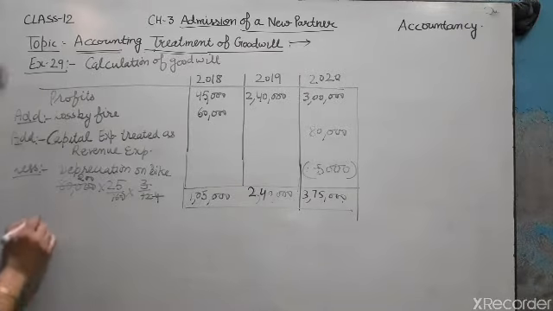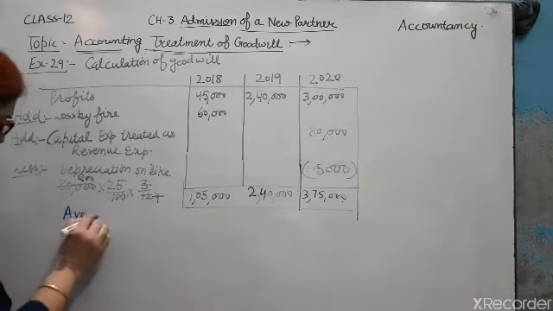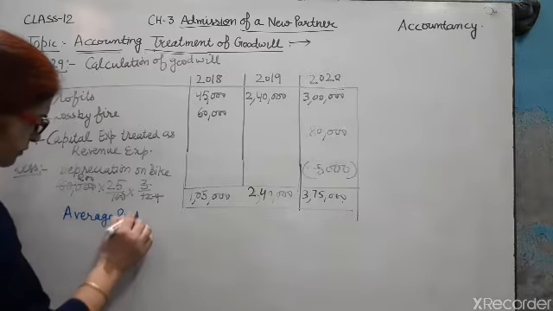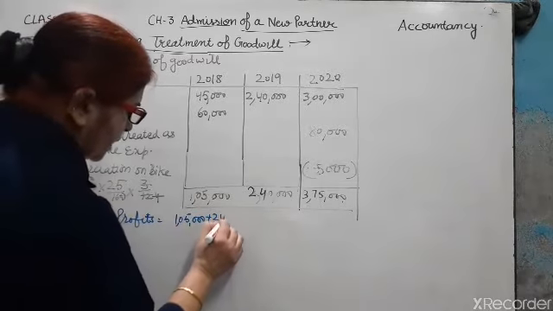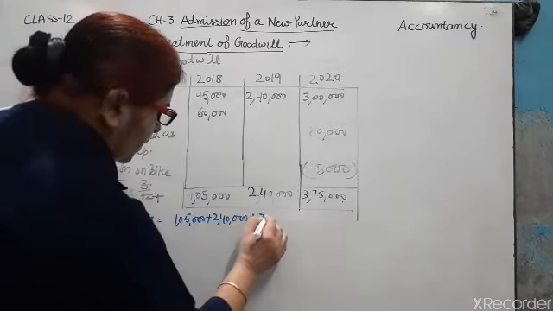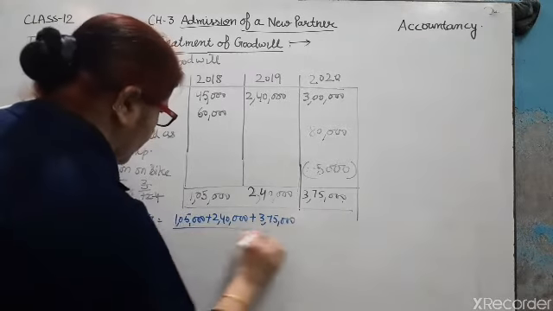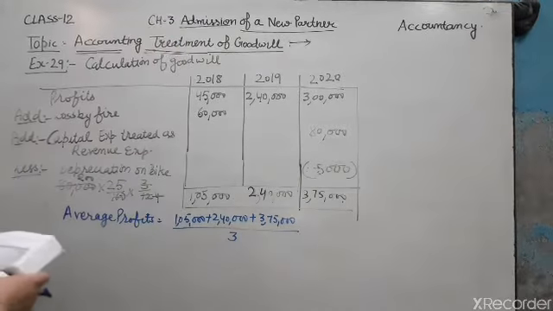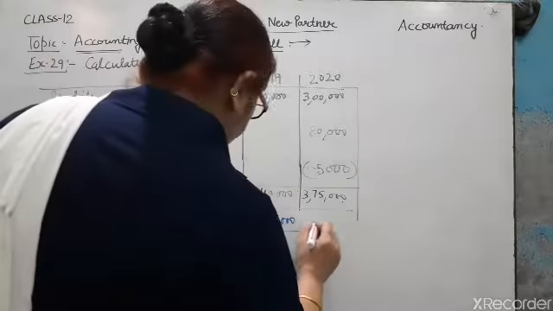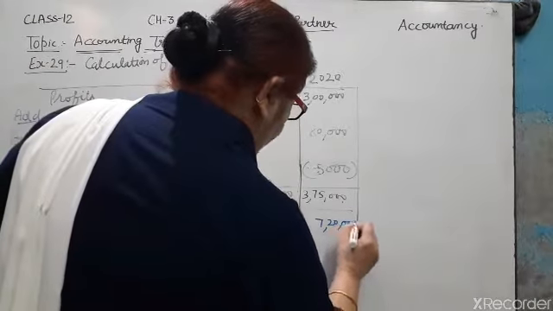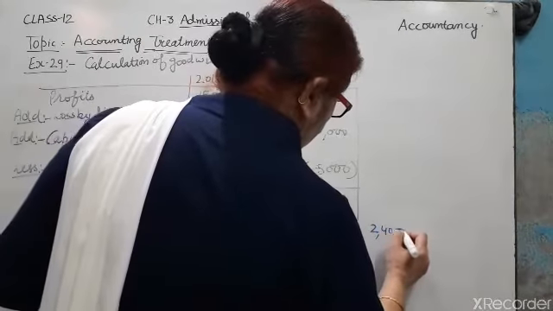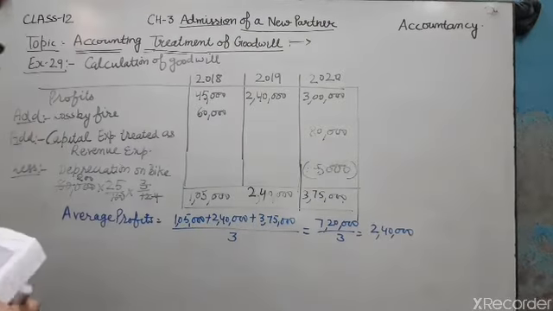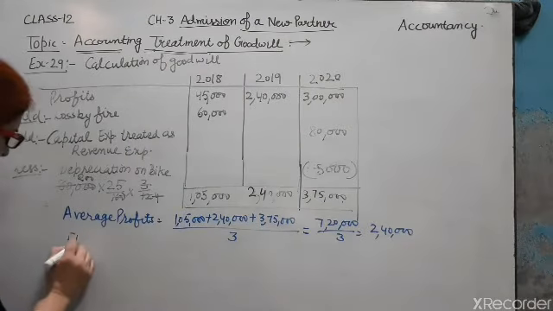Then calculate average profit, which is equal to 1,05,000 plus 2,40,000 plus 3,75,000 divided by 3. Then the total becomes 7,20,000 divided by 3. Average profit is 2,40,000.